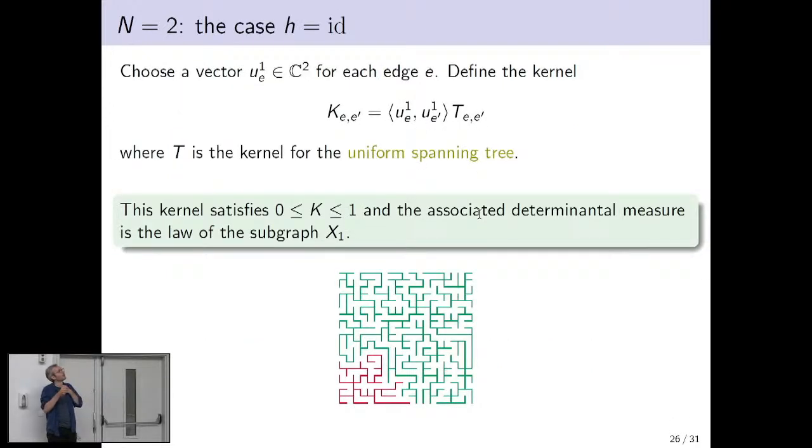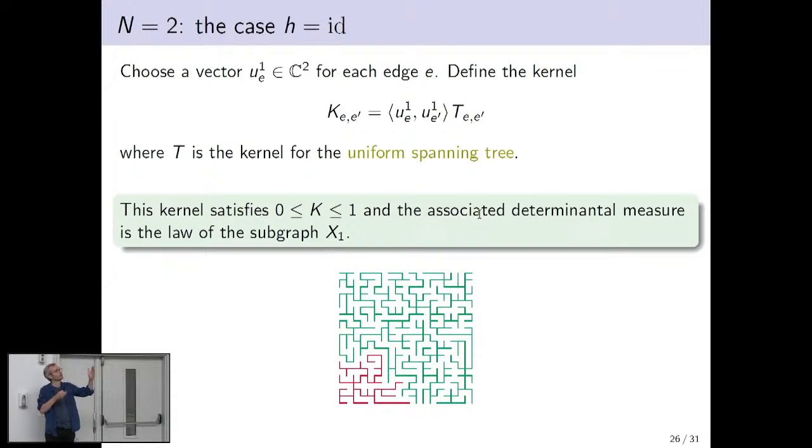And what I claim is that in that particular case, when H is the identity, the kernel can be just written. It's just a Hadamard product of the kernel for the uniform spanning tree, which I denoted T because it's sometimes called transfer impedance for electrical network reasons, multiplied by the coefficients of this Gram matrix of these vectors.